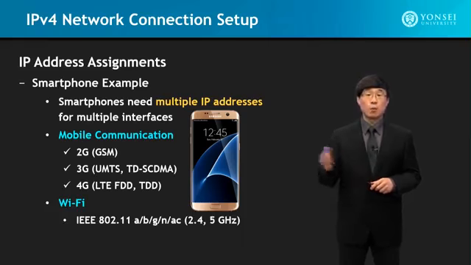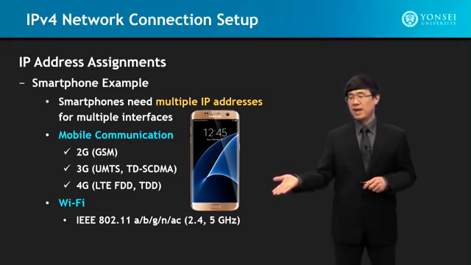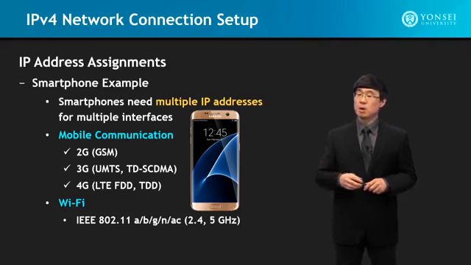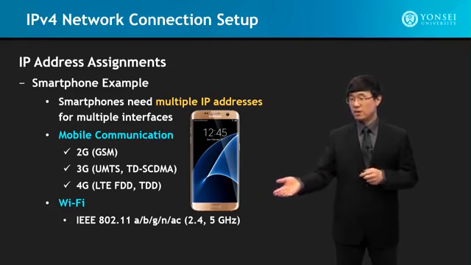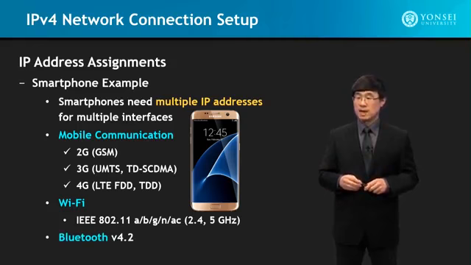In addition, for Wi-Fi, it has connections for the IEEE 802.11 a, b, g, n, and ac modes, which support the 2.4 and 5 gigahertz frequency ranges. In addition, for Bluetooth, 4.2 is also on this mobile device.